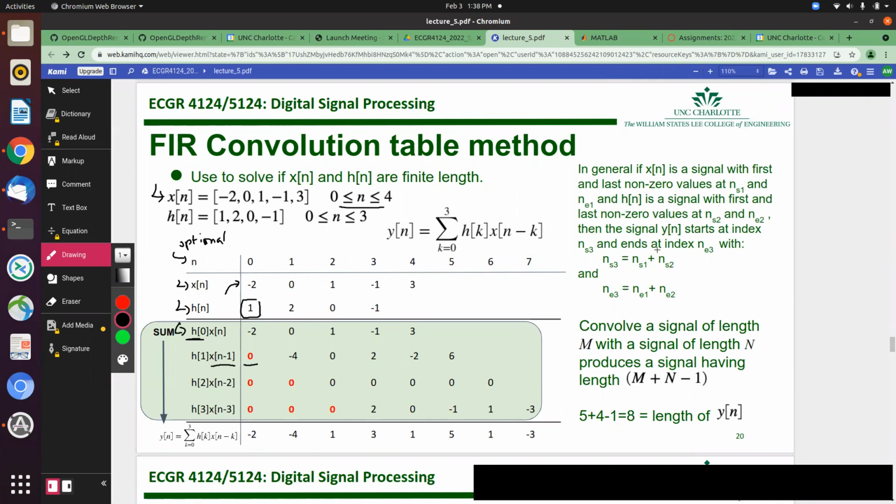We take H of 1, which is this value here, and multiply it by X again, but by starting in the second column, it's really X of n minus 1, because we've shifted X one sample index. So we take 2 times -2 is -4, 2 times 0 is 0, 2 times 1 is 2, 2 times -1 is -2, and 2 times 3 is 6, and we get the second row.